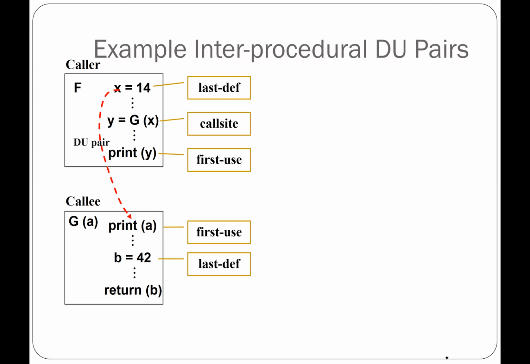I'm not really using it per se. Okay. It's mainly for the purpose of returning the control flow of a function. Okay. So when it says b equals 42, that's my actual last definition. Okay. And the return b is not a use of b.